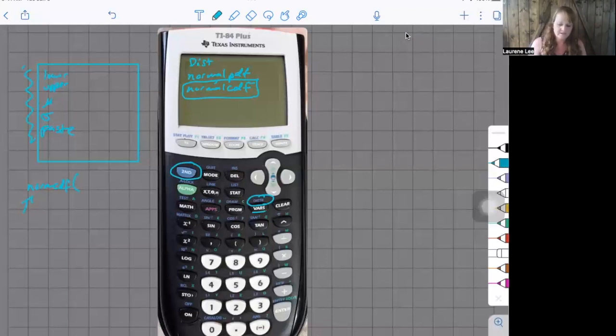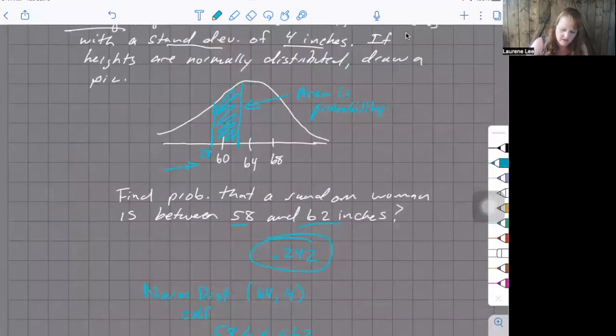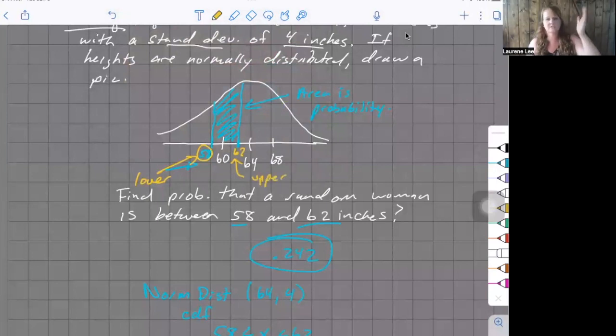So what this is talking about, if I'm going to look at my picture again, let's label it here. This is your lower. Lower is left always, okay? 62 is your upper. So what it means by lower and upper is what's the lower end of the section you're interested in, and what's the upper end. So left and right.